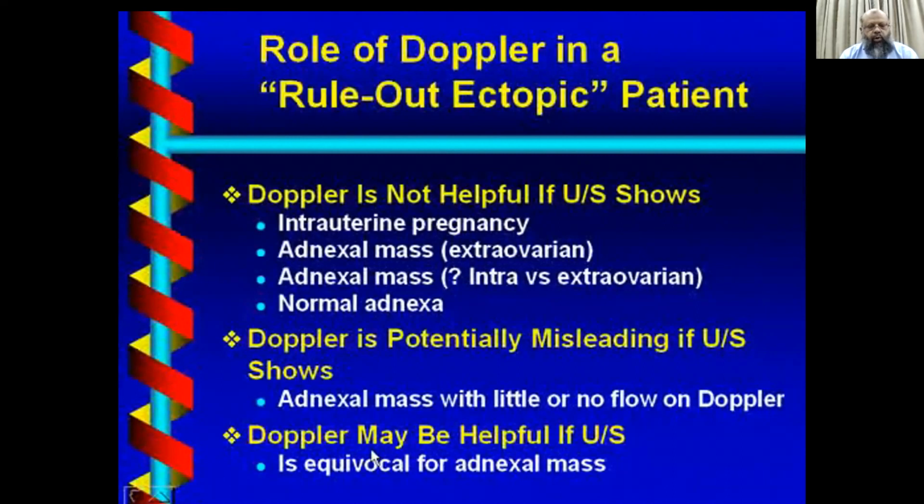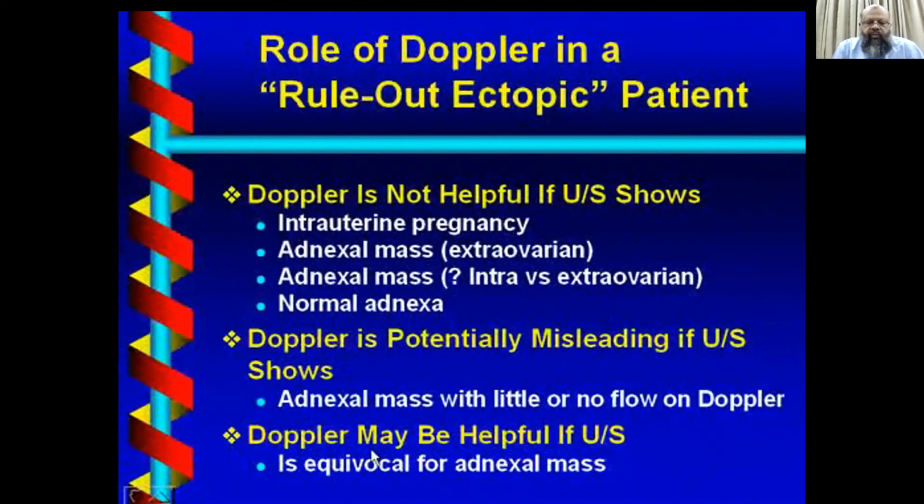It is potentially misleading if ultrasound shows an adnexal mass with little or no flow on Doppler. Sometimes an adnexal mass shows some flow, and we have a history of higher beta HCG and suspicion of pregnancy. There are false positive reports of pregnancy.